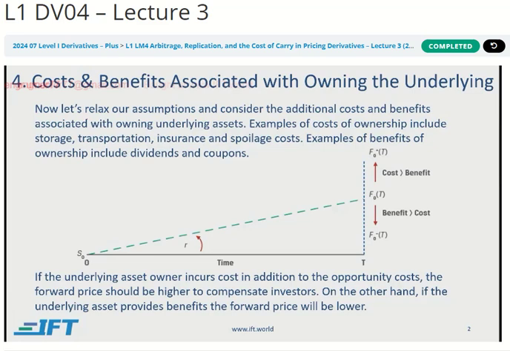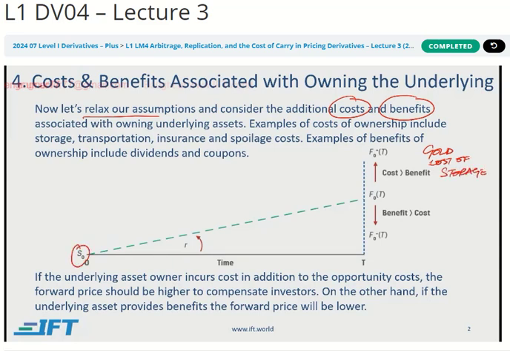Now let's relax the assumptions and start talking about costs and benefits. So let's say we are talking about gold, and there is a cost of storage, that you can't keep it at home, you need to have a special warehouse or a vault for it.